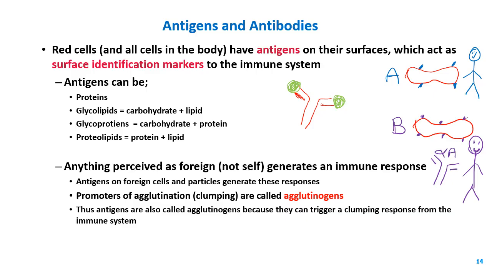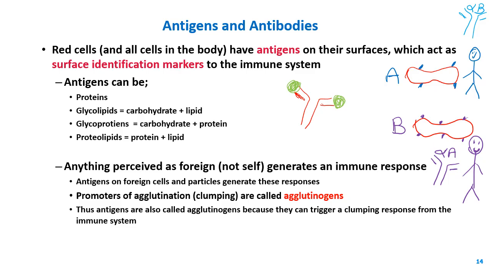It's going to bind to A. All right? Your A person is going to make what kind of antibody? It's going to make anti-B antibody. So this is going to be anti-B antibody.